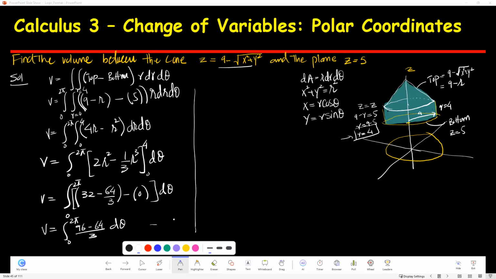If I move it up here, 0 to 2 pi, this is going to be 32 over 3 d theta. Let's continue. Volume equals, if I take this one, 32 over 3 theta from 0 to 2 pi.